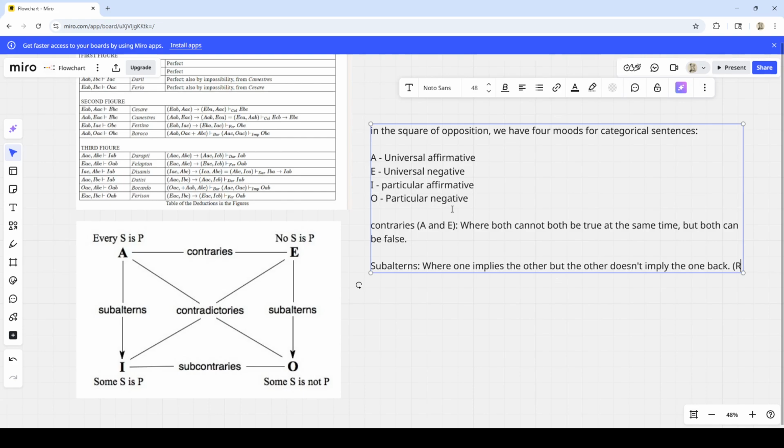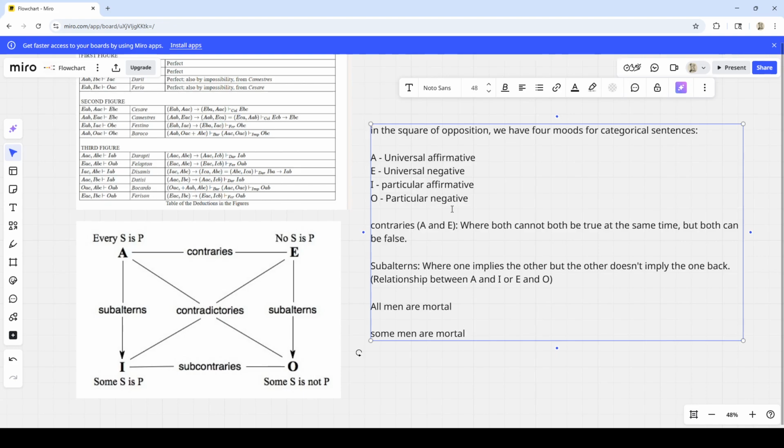So this would be the relationship between A and I, or E and O. So for example, if I said all men are mortal, which is a universal claim, I can logically say that some men are mortal, right? Which is true. If all men are mortal, then it does imply some men are mortal.